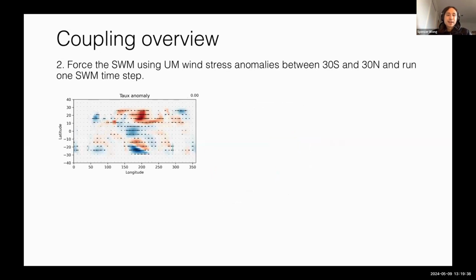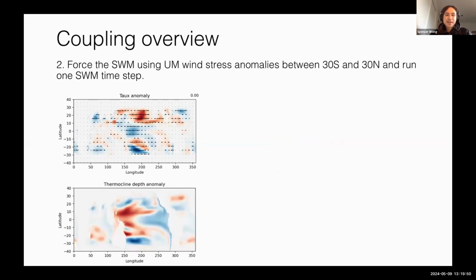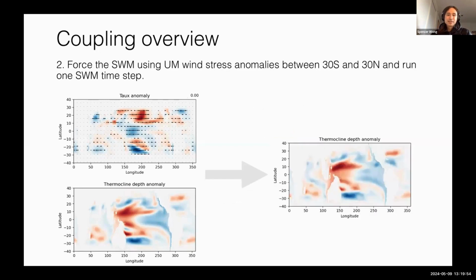Then we calculate wind stress anomalies from the unified model's wind stresses. Using those anomalies between 30 south and 30 north, we take them and the current state of the shallow water model and use those wind stresses to move it forward one time step. That's the coupling in one direction, using the unified model's wind stresses to force the shallow water model. But we also need some way to couple in the other direction.